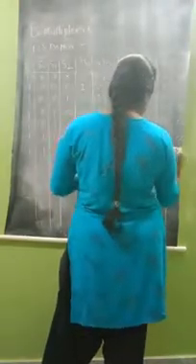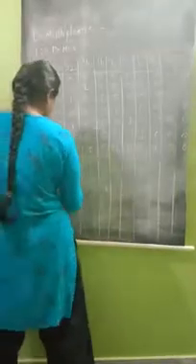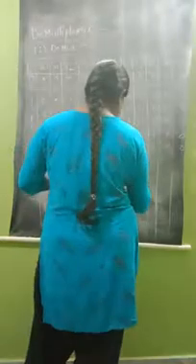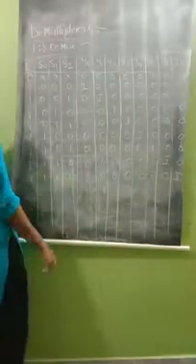Then the output is shifted to Y5. Then 6, Y6 is enabled, and 7, Y7 is enabled here. So this is the truth table of the 1:8 demux.